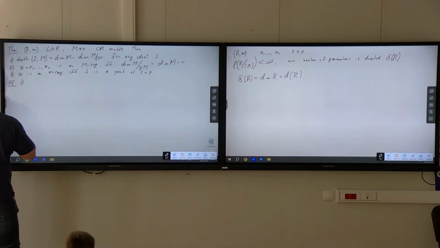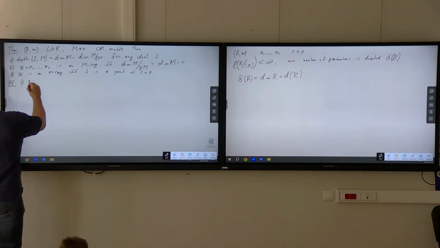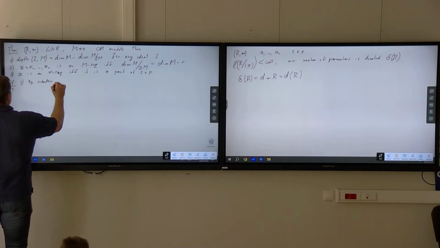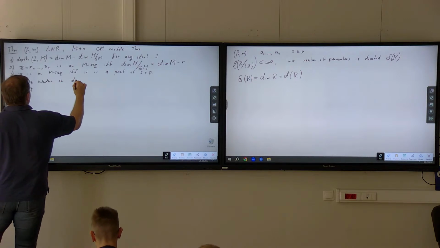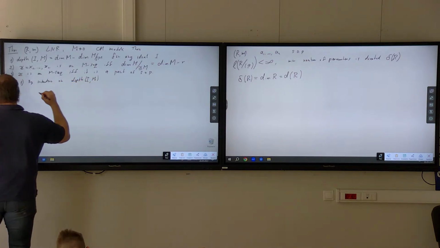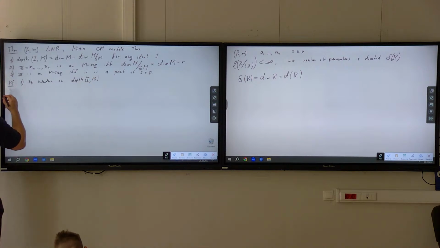So let's prove 1. The proof is by induction on the depth. So let's look at the case when depth is equal to 0.